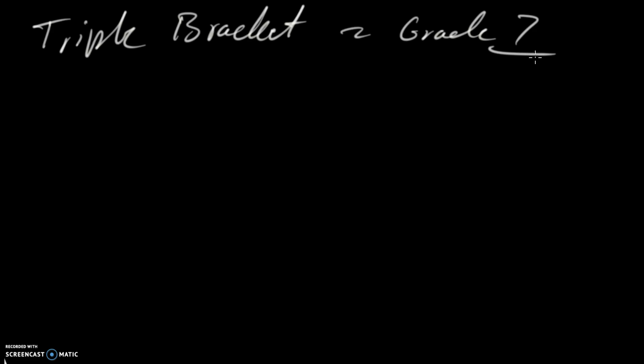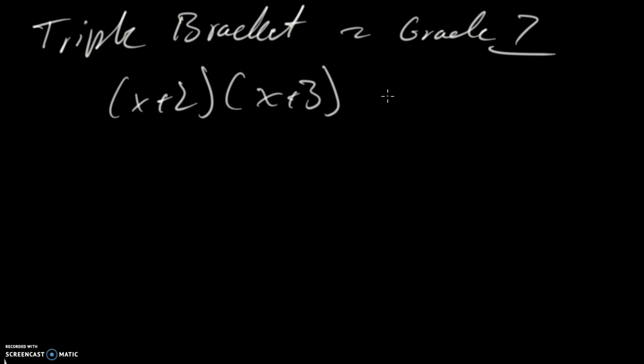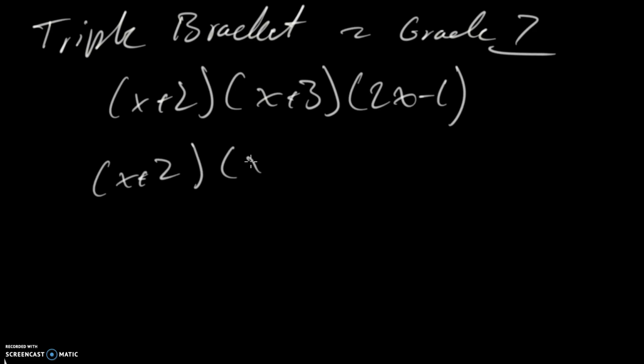So let's say we have x plus 2, and we have x plus 3, and then we have 2x minus 1. So first, let's ignore 2x minus 1 for now, and let's just do it as a double bracket. So let's say we just times x plus 2 and x plus 3 and ignore the 2x minus 1.